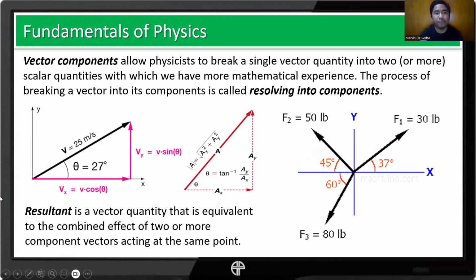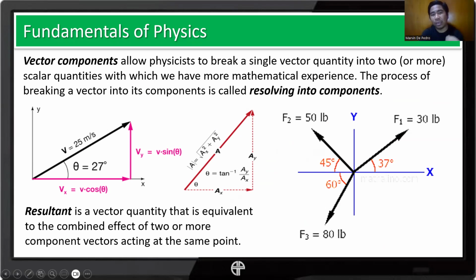For example, if we have a velocity vector of 25 meters per second, we can analyze it by breaking it down into its components. So we have the x and the y components, and you can do that using trigonometry.